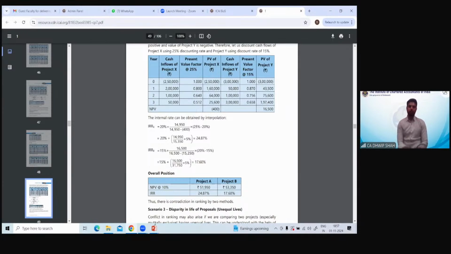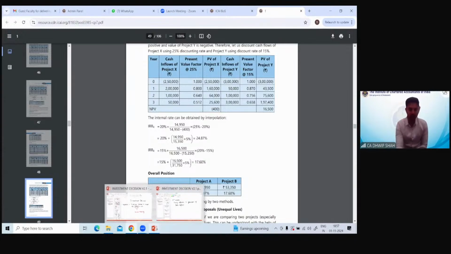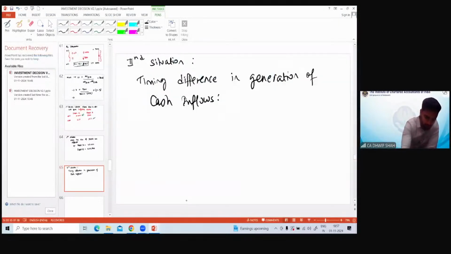See, this topic is just for explaining the concepts. This topic that we are covering right now is just for explaining the three different situations where conflicting results arise. And to prove that point, they have given the illustration. If you want, chalo, let's solve for the third situation. We can solve that.